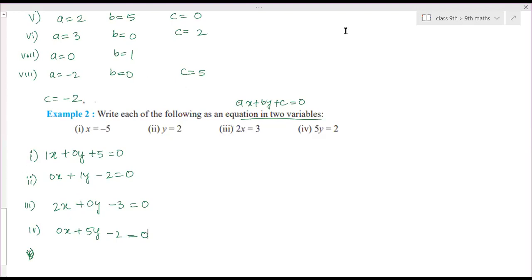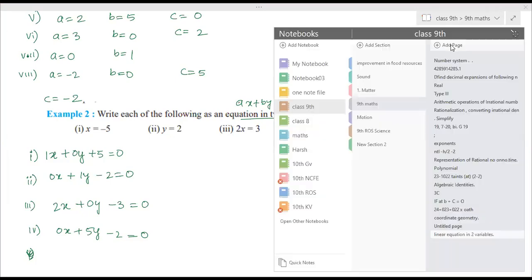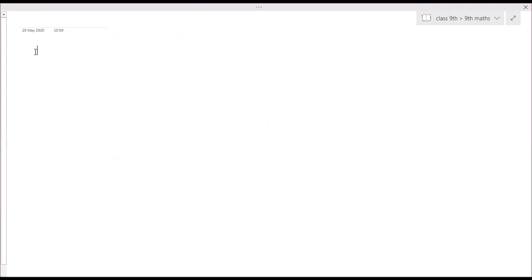Yes, ma'am. So the next topic is finding the solution of a linear equation in two variables. A linear equation is written in the form ax plus by plus c is equal to 0.